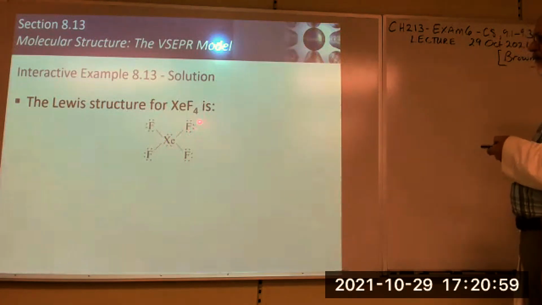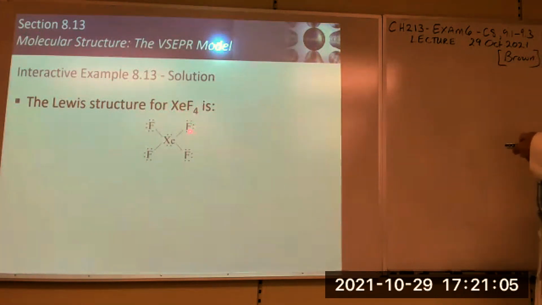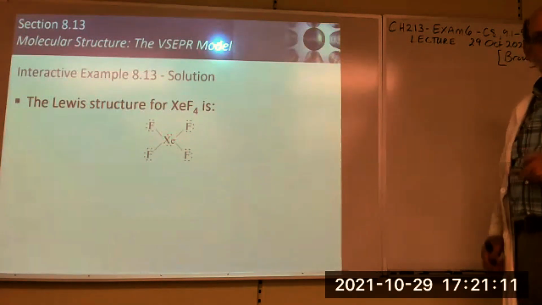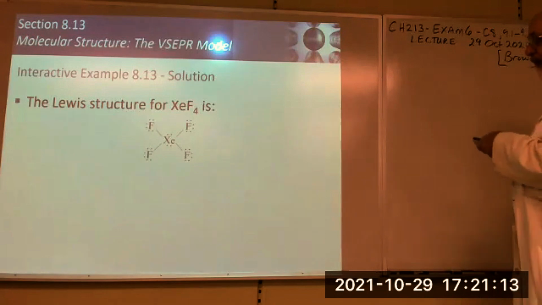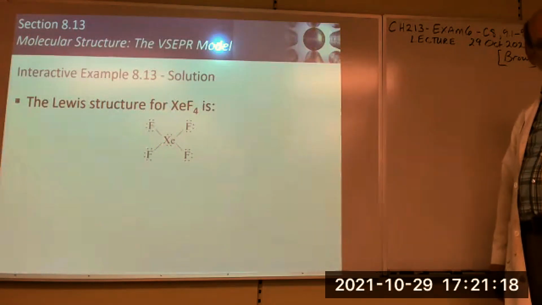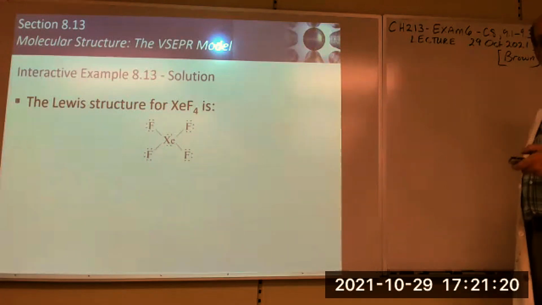Did I miscount? 8 plus 28. Yeah, I did miscount. 36. So we've accounted for all of them here. We've got 2, 4, 6, 8, 10, 12. We've got 12 around that xenon. But how many groups do we have? 1, 2, 3, 4, 5, 6. That means electronically, it's an octahedron.